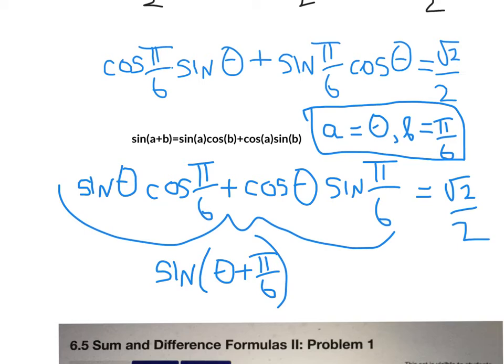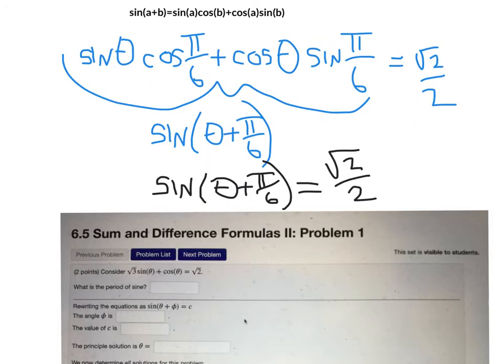So this right here is the sine of A plus B, the sine of theta plus pi over 6. Back to the WeBWorK problem, we've rewritten the original equation as the sine of theta plus phi equals c.